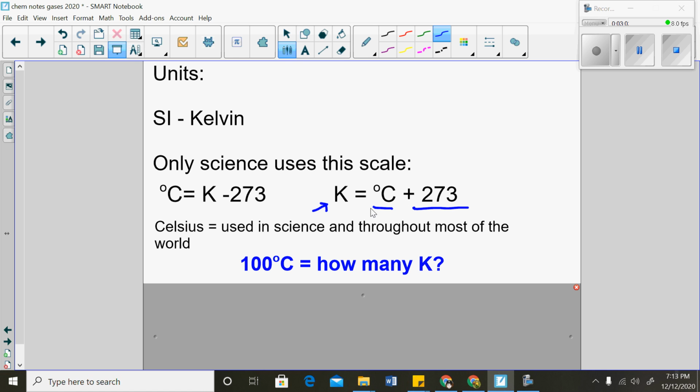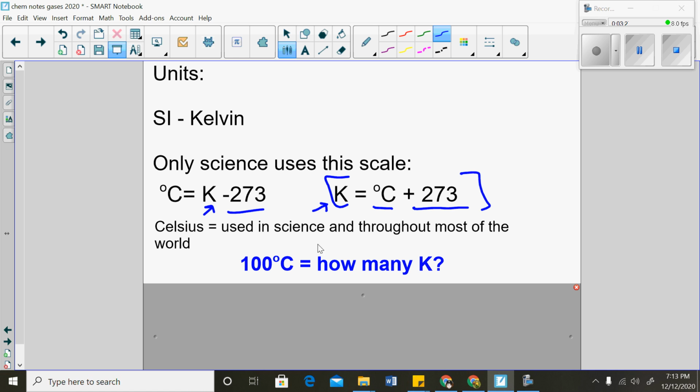Now, if you want to reverse this and go back to the Celsius temperature, whatever Kelvin value you have, you would subtract 273. But this is the one we're going to use the majority of the time, right? So Celsius is used in science and throughout most of the world, but for the gases unit, Kelvin is preferred, okay?